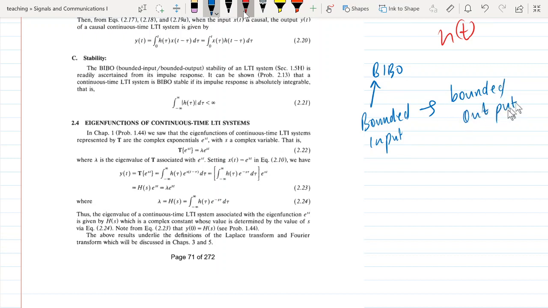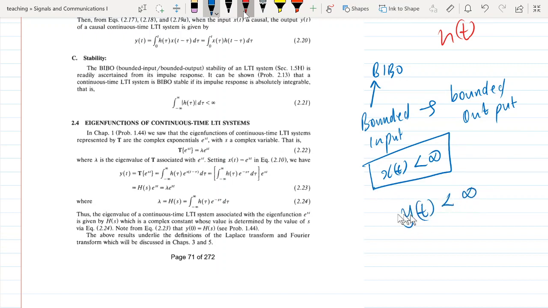What we normally mean by that is that if x of t is less than infinity, that means it is bounded, then y of t will be less than infinity. That means this is bounded and this is bounded. The system acting on this, which is described by h of t, the impulse response, is then said to be stable.